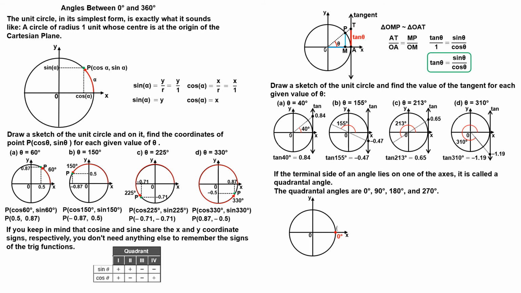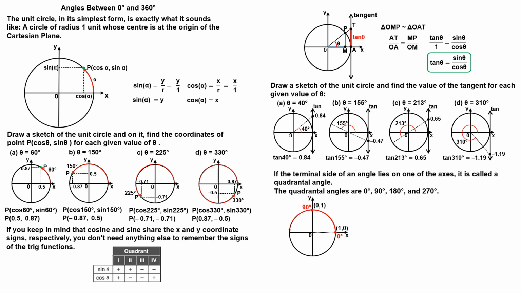At this point, the x-coordinate is 1 and the y-coordinate is 0. The second quadrantal angle is 90 degrees. At this point, the x-coordinate is 0 and the y-coordinate is 1. The third quadrantal angle is 180 degrees.